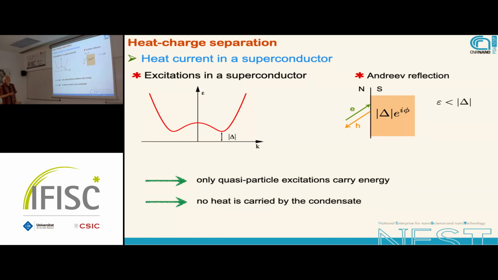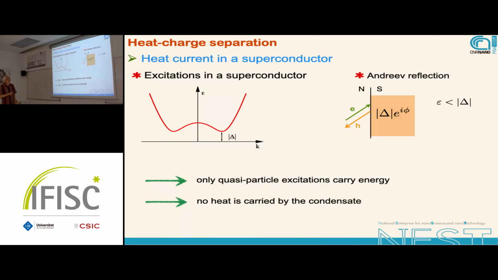So let's look at this picture here. We have a normal metal in contact to a superconductor, and what you need to do to transfer charge is to transfer a pair of electrons from the normal side into the superconductor. They just join the condensate, and the current can flow. From a microscopic point of view, we speak about Andreev reflection as the basic mechanism of this.